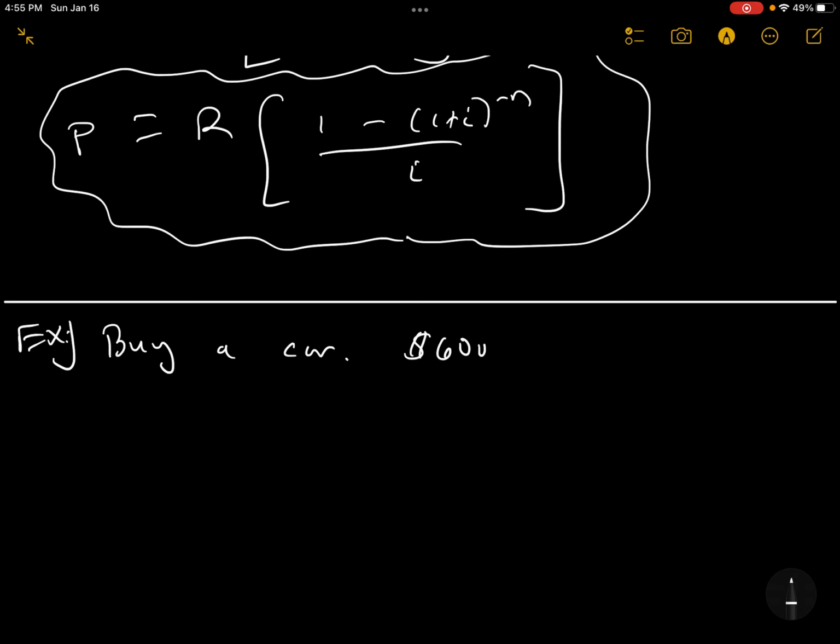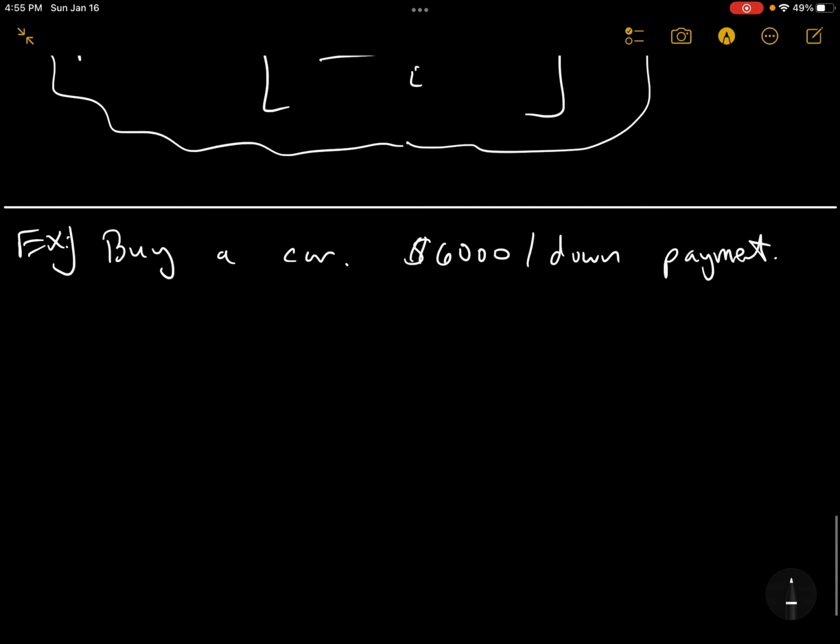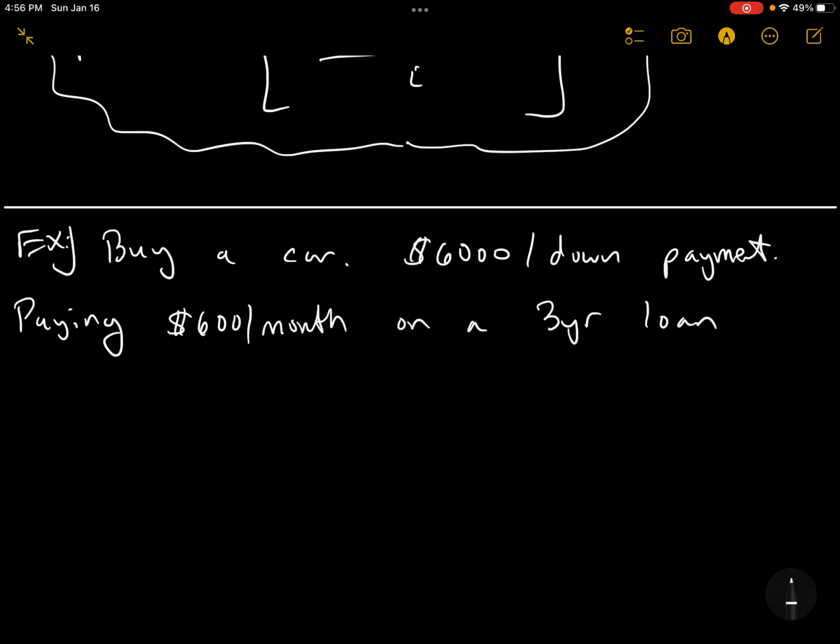All right, let's say you're buying a car. And you put a $6,000 down payment. In today's economy, that's probably not a good move, but whatever. And then let's say you're paying $600 a month on a 3-year loan at 6% APR, which is really high now.